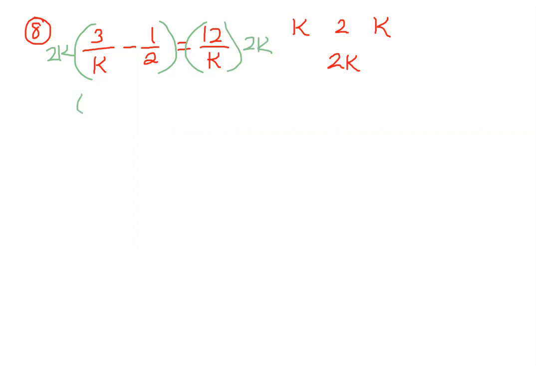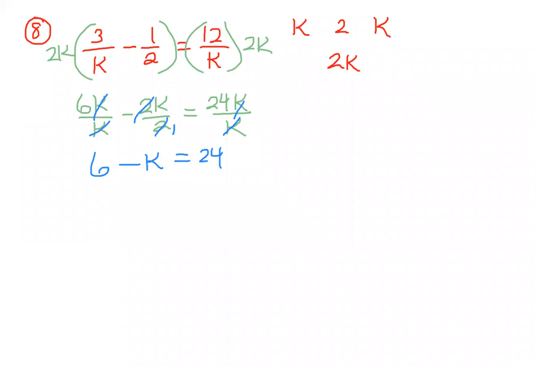And this becomes 6k over k minus 2k over 2 equals 24k over k. We're going to reduce those to this, and then solve it, and we get k equals negative 18.